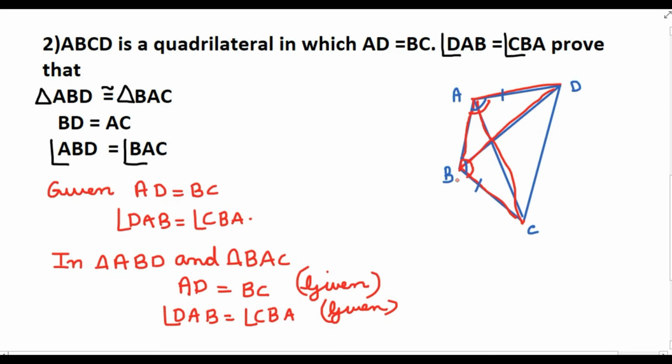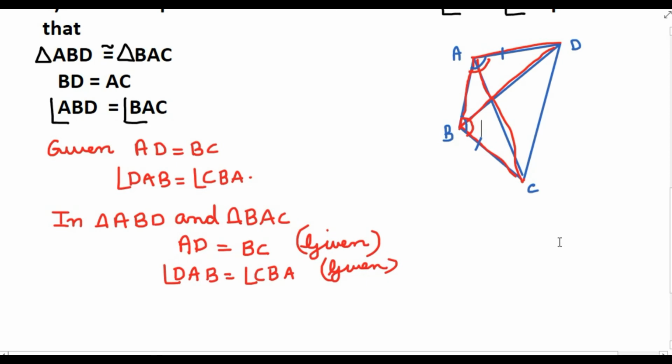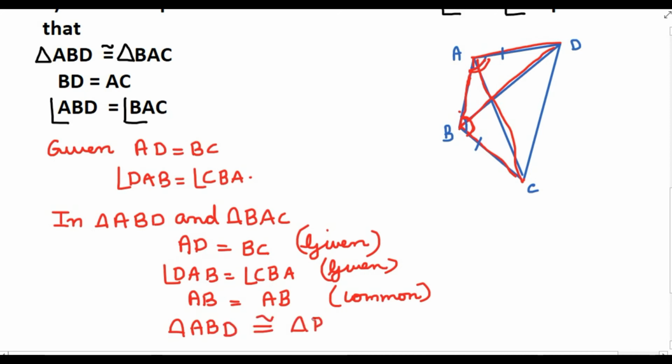Now only one more thing we need to find out. We know for these two triangles AB is common. So I can write AB equal to AB. These two triangles are congruent by SAS, that is side, angle, side. So triangle ABD is congruent to triangle BAC by SAS congruence rule.